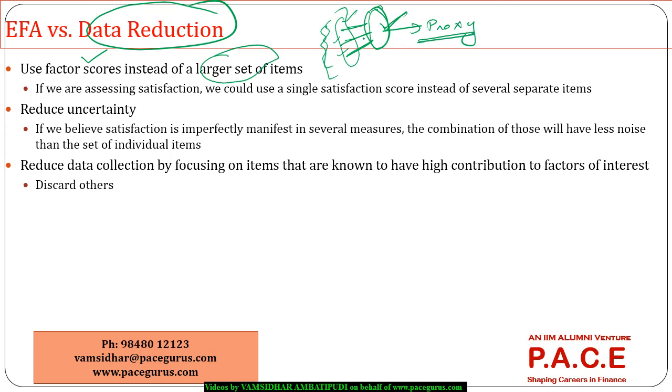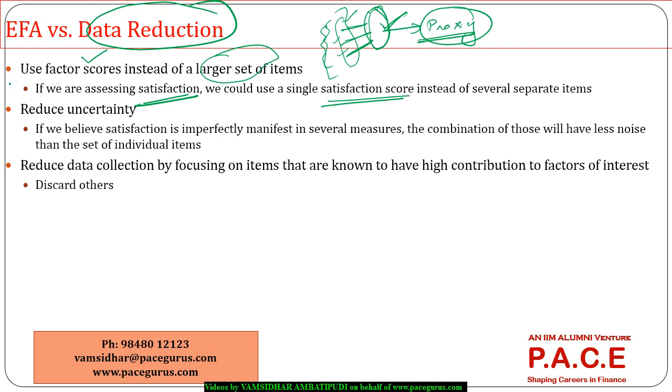Which means instead of dealing with a large set of variables, I am dealing with a very small set of variables. So if I am trying to assess satisfaction, instead of looking at all 10 questions dealing with satisfaction, I can look at one single component which is a reflection of satisfaction, and I can base the analysis on that one single factor which is representative of all the 10 variables associated with satisfaction.